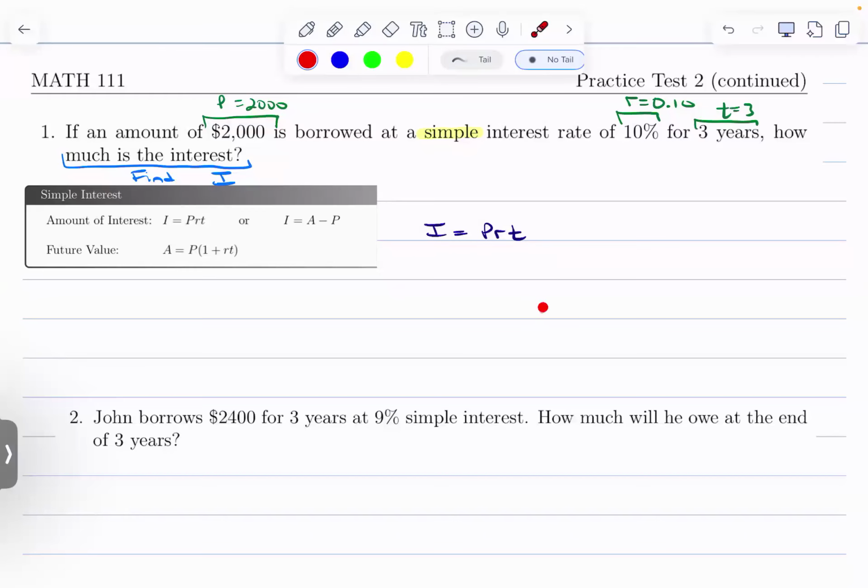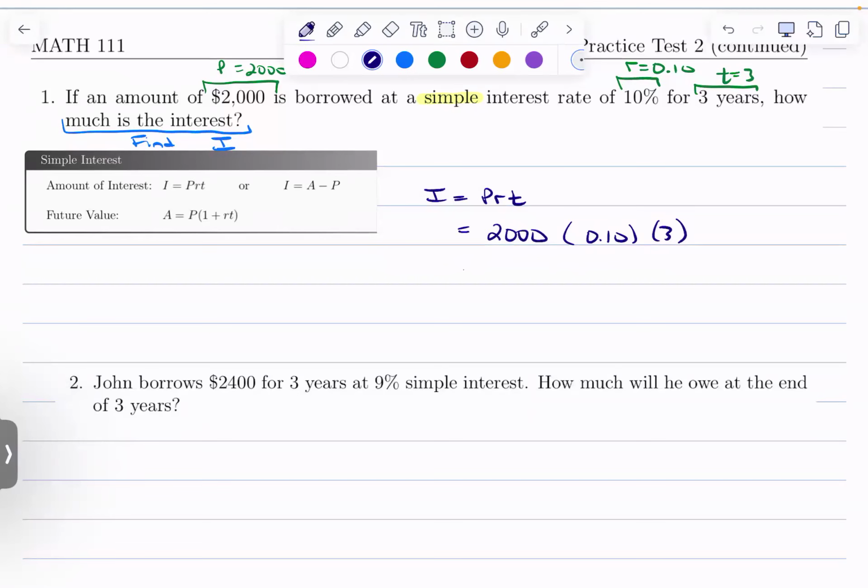And then the steps in between that and the answer are optional. And so I want to see 2,000 times 0.10 times 3. Now, if you did middle steps here, that's cool. But I think in this case, you can just go straight for 600.